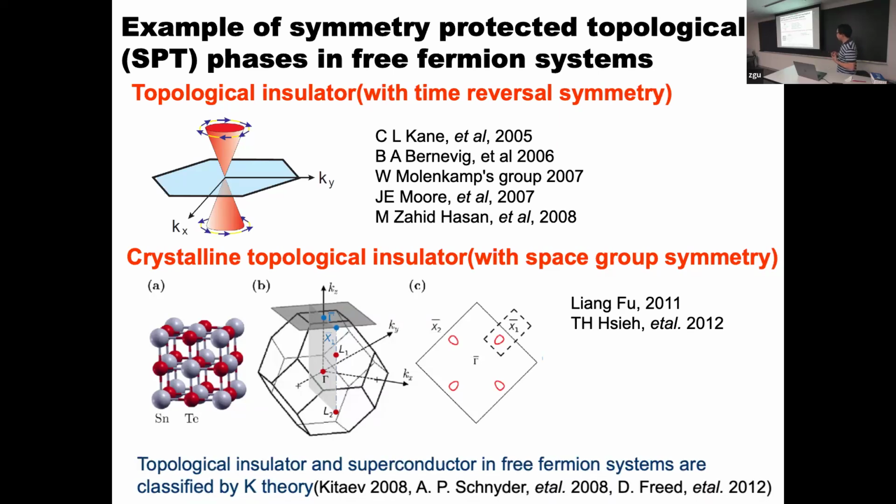Later, people also had a more rigorous mathematical understanding of this classification from K theory, also from the so-called twisted K theory by Dan Freed, which was talked about more than 10 years ago. I first met Dan in Sanya.